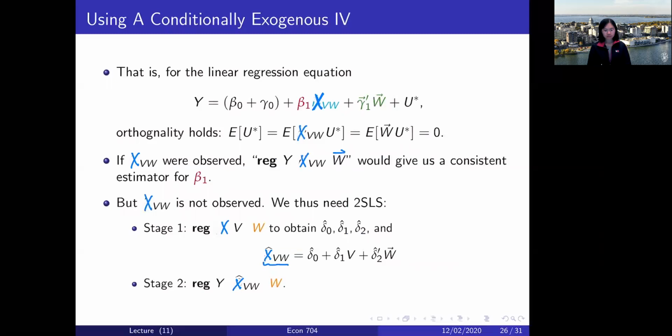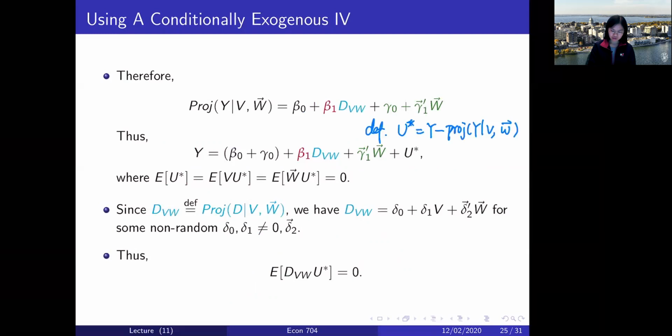All right. So in the first stage, you run an OLS regression of x on V and W, the instrument and the controls, and get an estimated version of the projection of x on V and W. And in the second stage, regress y on this estimated version of x, the good part of x, as well as the control variables.